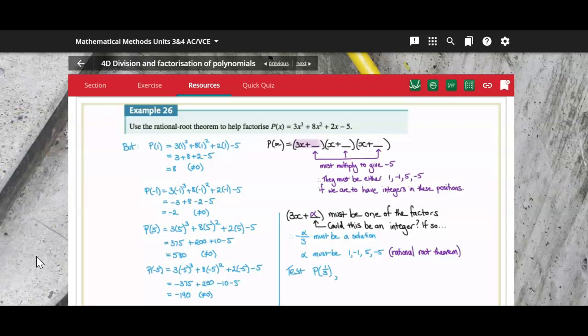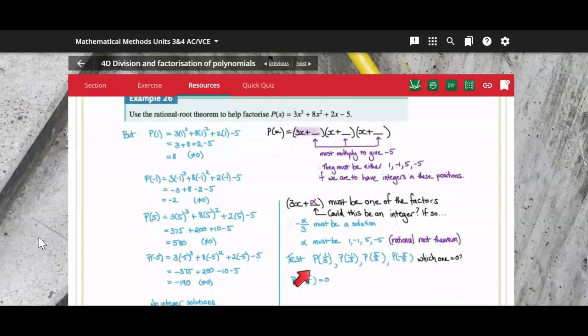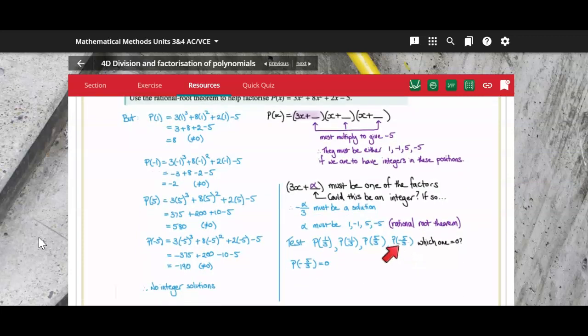So we're going to sub 1 on 3 into our equation, -1/3 into our equation, 5/3 into our equation, and -5/3 into our equation. So after testing each one of these solutions, you would find that -5 on 3 is a solution.